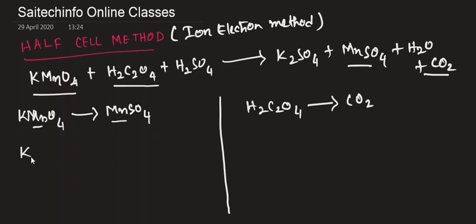So you can write down KMnO4 becomes MnSO4 plus K2SO4. So how many K2 are there? On the right side you have 2. So you can put 2. So this can be balanced.